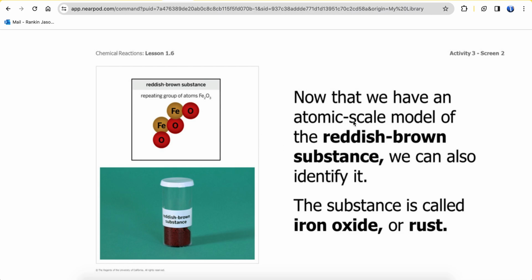Now that we have an atomic scale model of the reddish brown substance, we can also identify it. The substance is called iron oxide or rust. That is what this reddish brown substance represents.